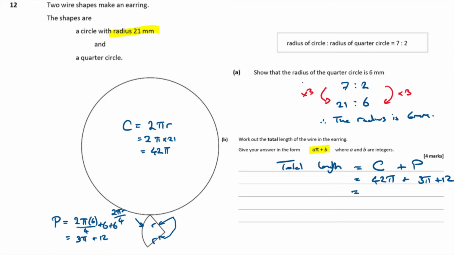So 42 pi and 3 pi make 45 pi, and then we've got that 12 left over for the 2 straight sections of the smaller quarter circle. Okay, and now that's in the form A pi plus B, because we've got a multiple of pi plus a number. Okay, so we're good.